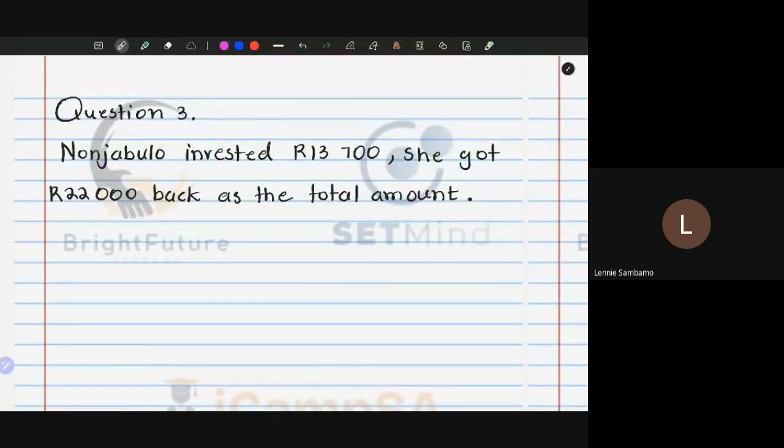What is happening here is that when she was investing, she was offered an interest rate of 10.5% simple interest when she was doing the investment.